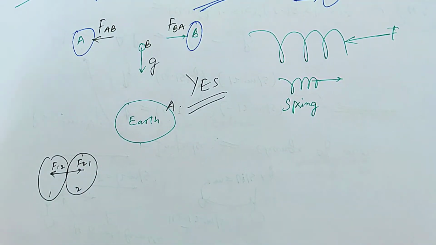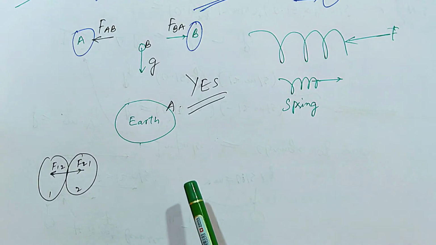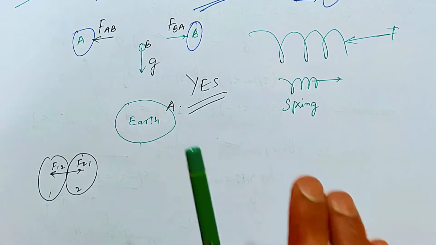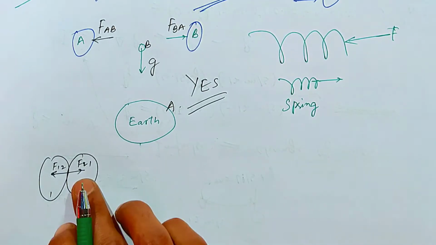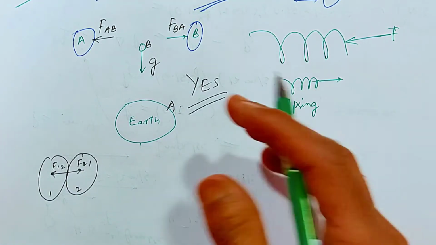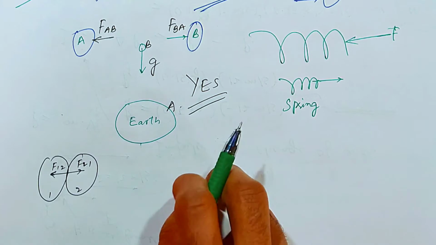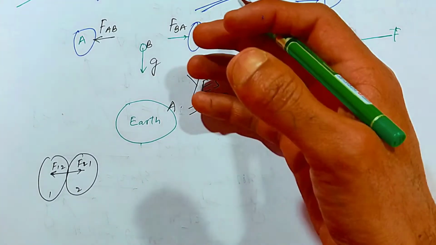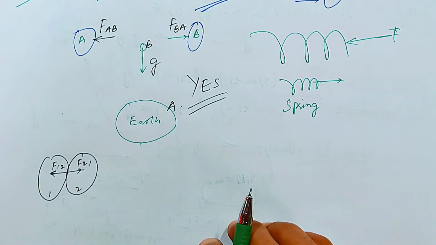That means what Newton says in mechanics is that it is always happening in nature that if we apply a force onto a body, it will not happen singly. There will always be a reactive force, a force generated by that body in turn.